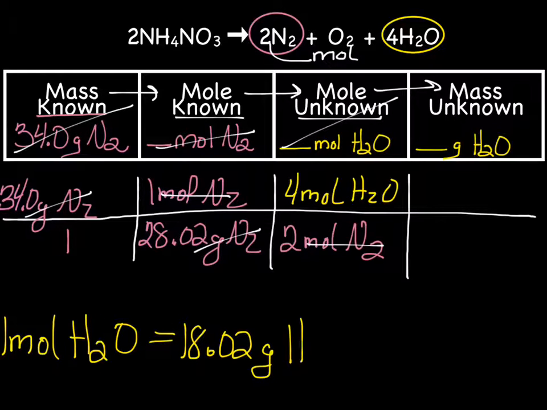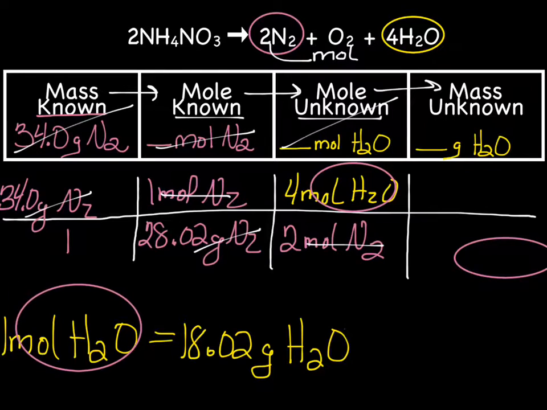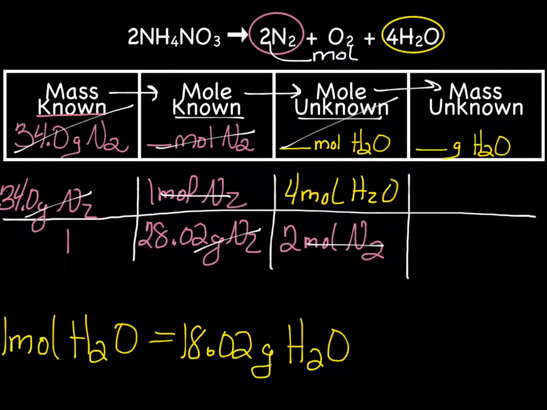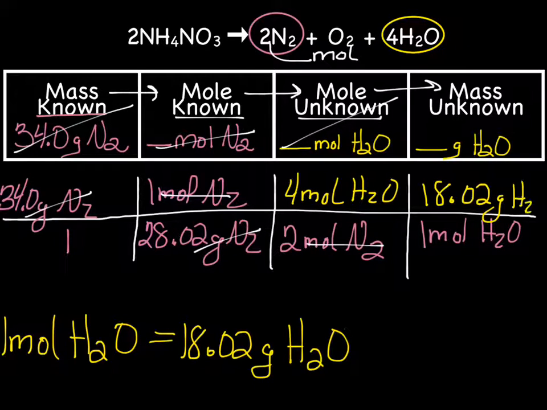And let me get rid of this so I can write H2O. All right, so who are we going to write where? Well, we have mole H2O on the top there, which means we need mole H2O on the bottom to be able to cross out units, which means we're going to use that one. So on the bottom is going to go 1 mole H2O, which means whatever's left over goes on the top, which is 18.02 grams H2O.